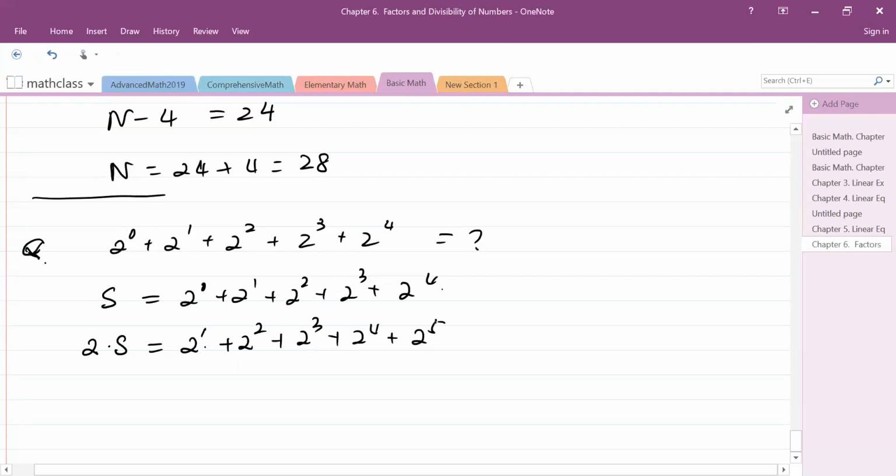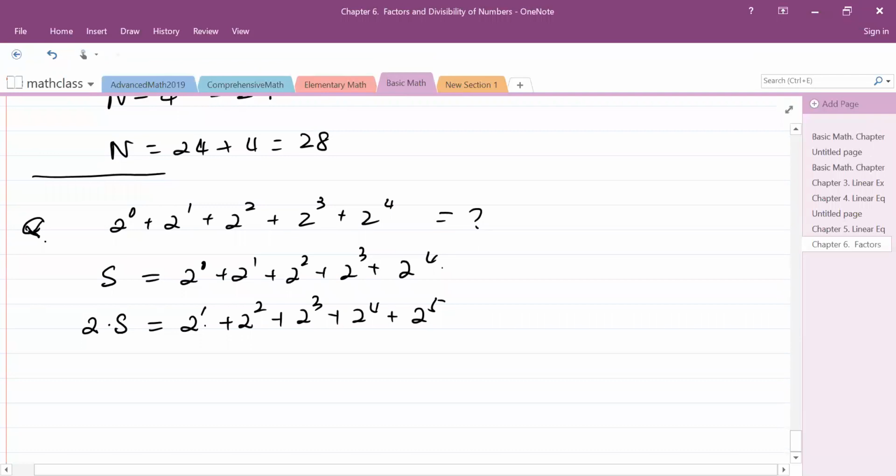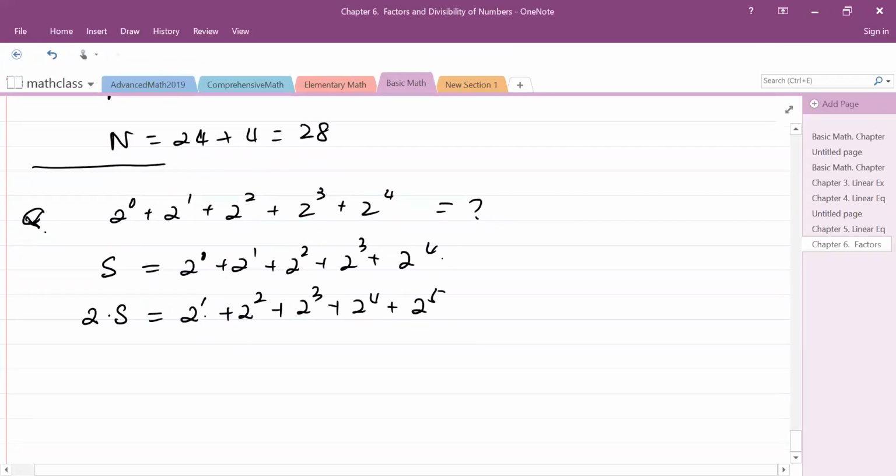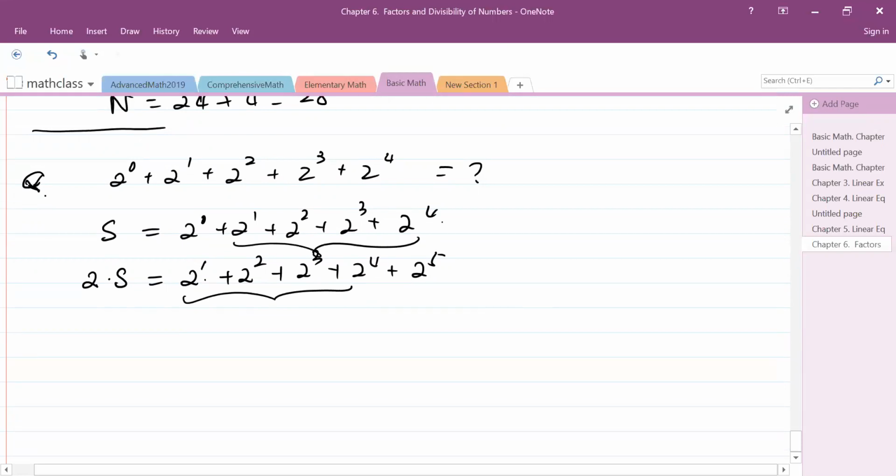Could you just add all the numbers together, then add all the exponents together? No, you cannot. There's no such way you can do it. So you see that this part is the same. Now I'm going to subtract: equation 2 minus equation 1.